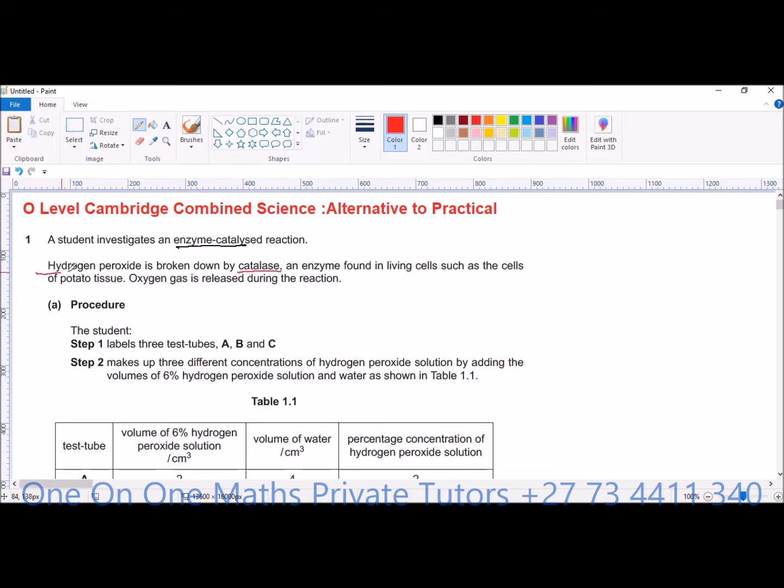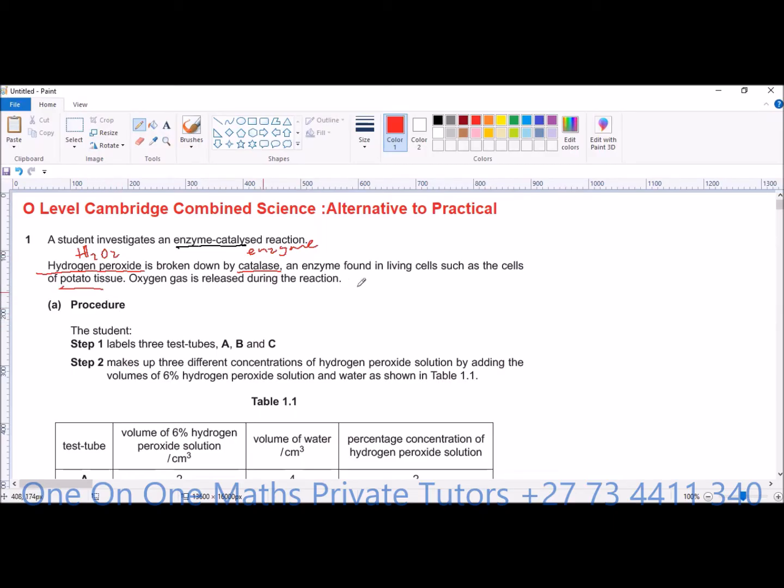Okay, so we have the chemical hydrogen peroxide, H2O2, to those who know it, is broken down by catalase. This is the enzyme found in living cells, such as the cells of potato tissue. Oxygen gas is released during the reaction.